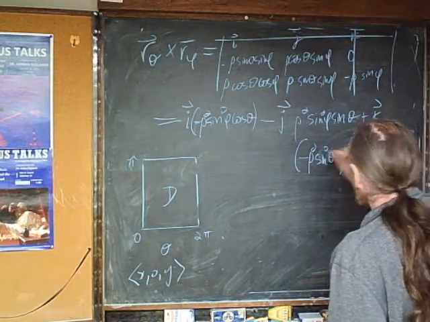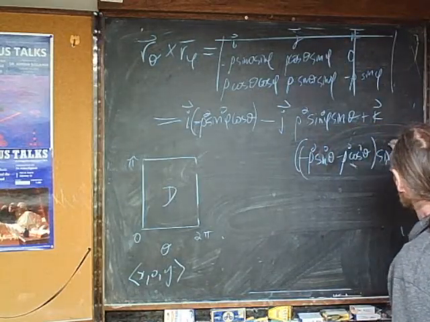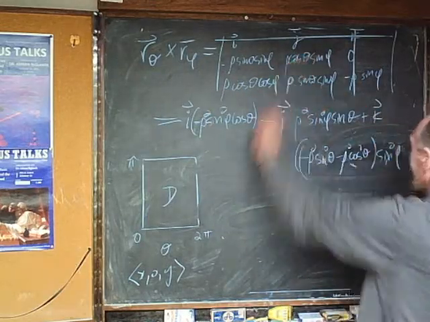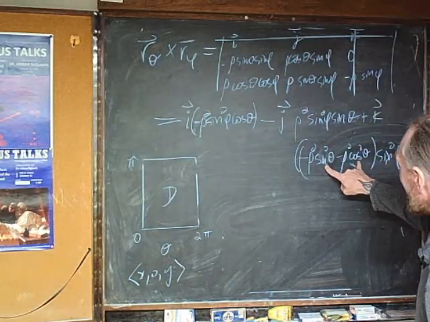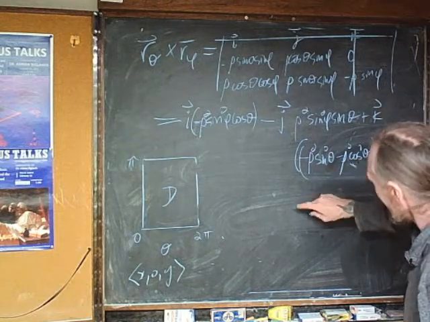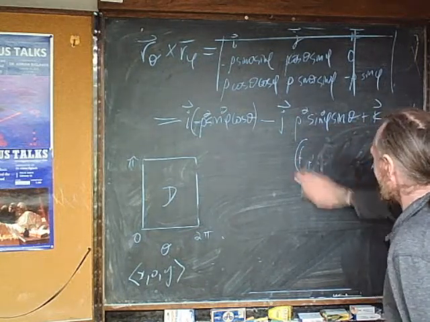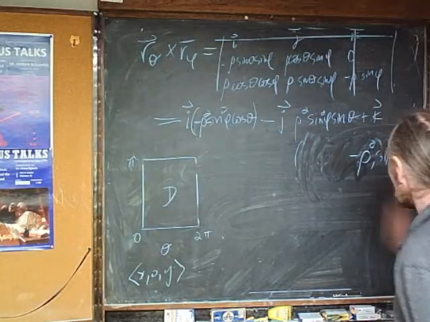Did I lose everybody yet? I almost lost myself. Sine squared phi. That's the last component here. I'm multiplying this minus this. And notice that that gives me what? 1. So this is negative rho squared sine phi.